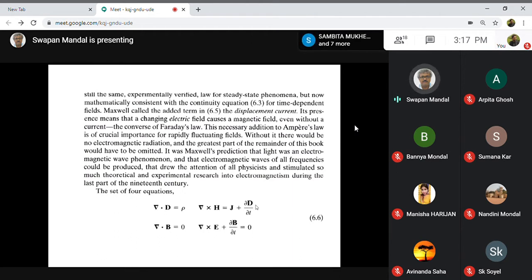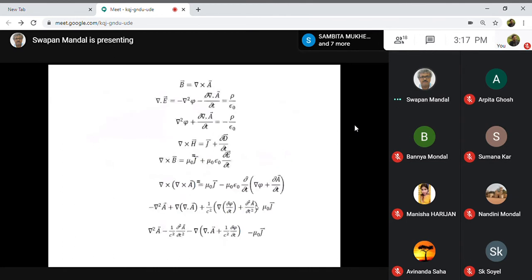Now let me check what is happening with this equation. Just here I have written curl of B equal to mu, here is an equal sign extra, just forget it. Curl of B equal to mu 0 j plus mu 0 epsilon 0 del E del T, what I told you right now.